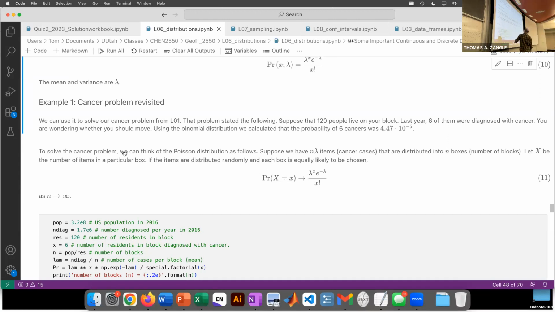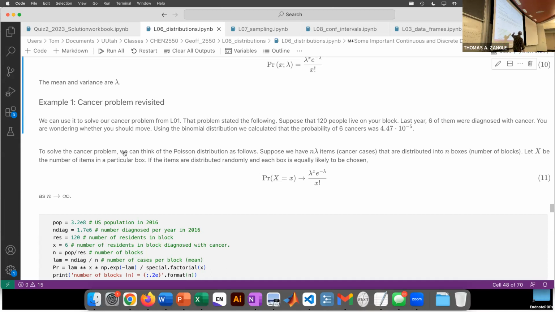But we can also do this using the Poisson distribution. We're going to say that we have n times some number lambda, which we have to find, cancer cases distributed into some number of boxes, like the number of blocks that we have, and x would be the number of items in a particular box.